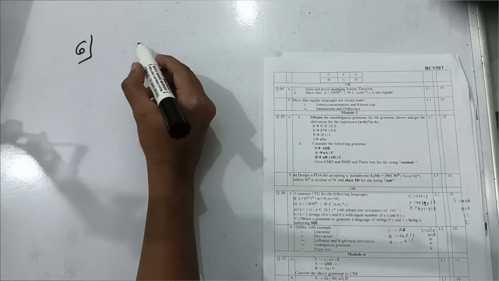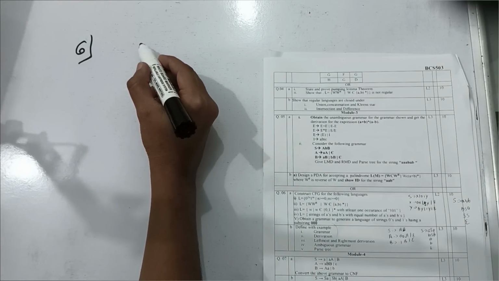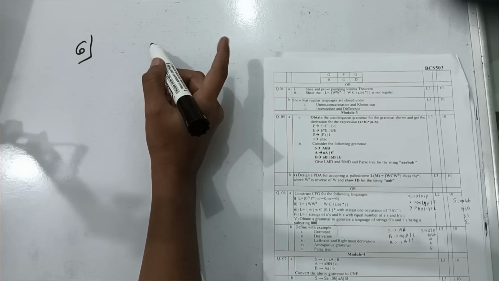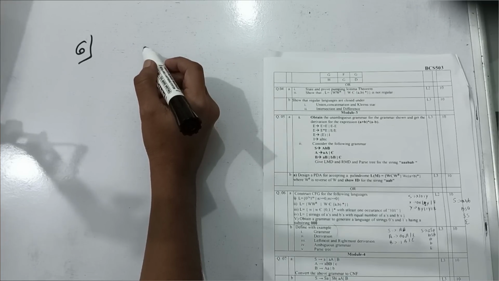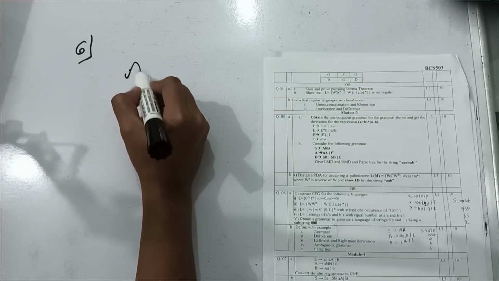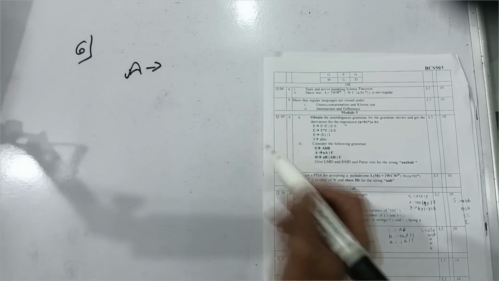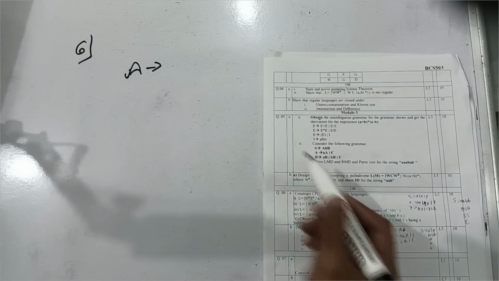0 power 2n 1 power m, where n is greater than or equal to 0 and m is greater than or equal to 0. First check how many zeros in the beginning. 2 zeros we need.